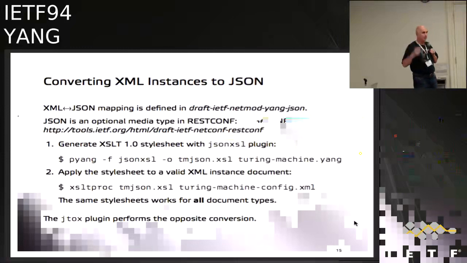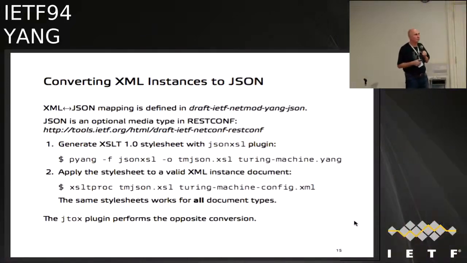For example, if you need to perform this conversion in the device, it's not necessary to have Python installed on the device, so you can just produce this XSLT style sheet offline, then install it. And this XSLT style sheet only changes if the data model is changed. So as long as your device uses the same data model, you can use this XSLT style sheet for converting XML to JSON just by using any available off-the-shelf XSLT processor.